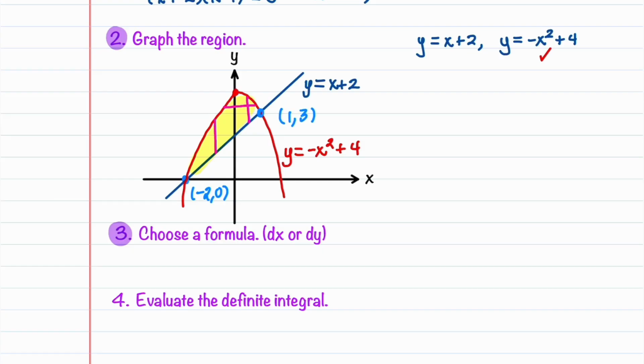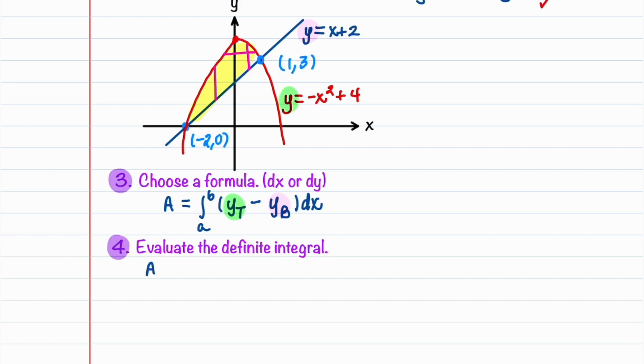So we are going to choose the formula. Our area is the integral from a to b of the curve on the top, y sub t, minus the curve on the bottom, y sub b, dx. Our curve on the top is our parabola, and our curve on the bottom is our straight line. Let's now set up and evaluate our integral.